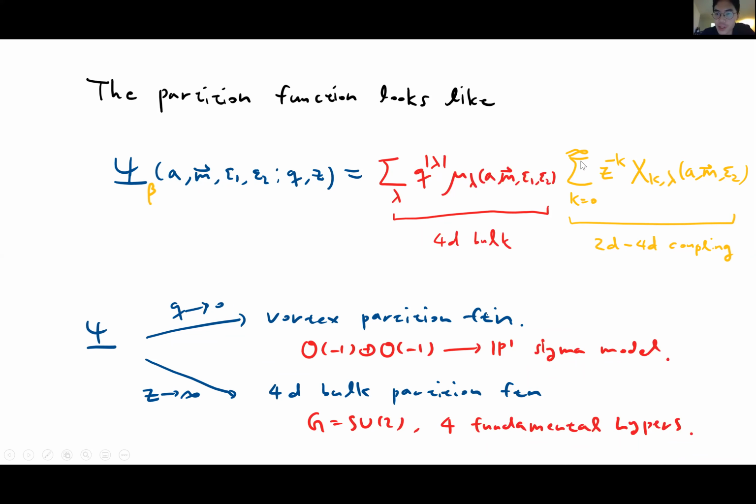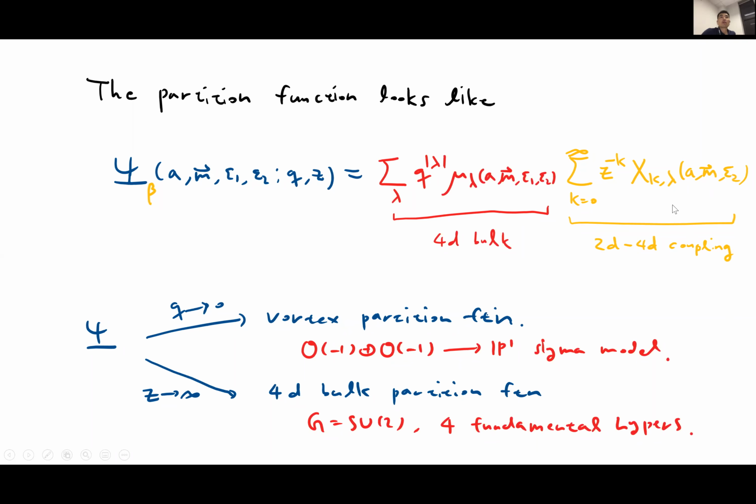But because of the surface defect, we have an additional contribution from the 2D surface defect. So it's a sum over non-negative integers, weighted by z to the minus k. And this x_{k,lambda} is a complicated function of the Coulomb parameter, masses, and epsilon 2. They come from the contributions of the 2D-4D coupling. So this is schematic.